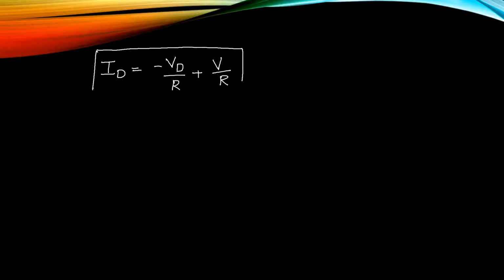So from this I can write ID equals minus VD by R plus V by R. This equation is known as the load line equation.